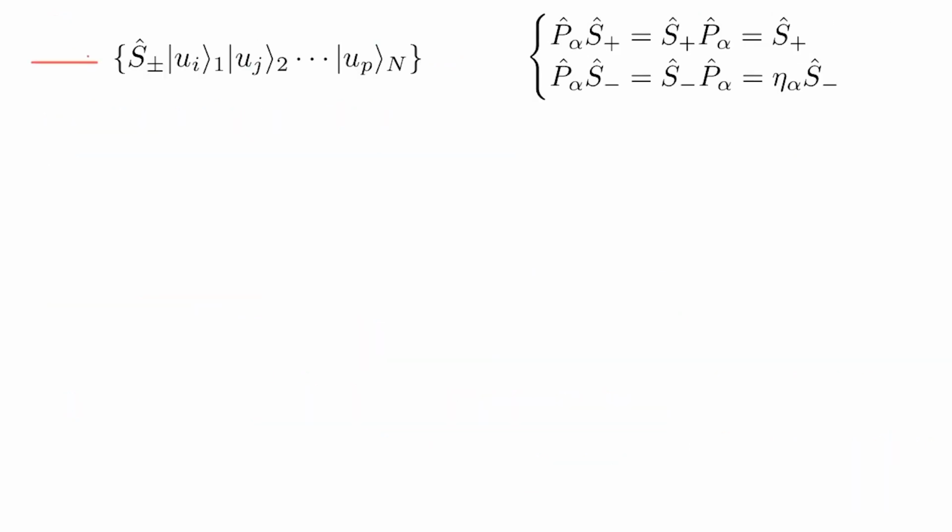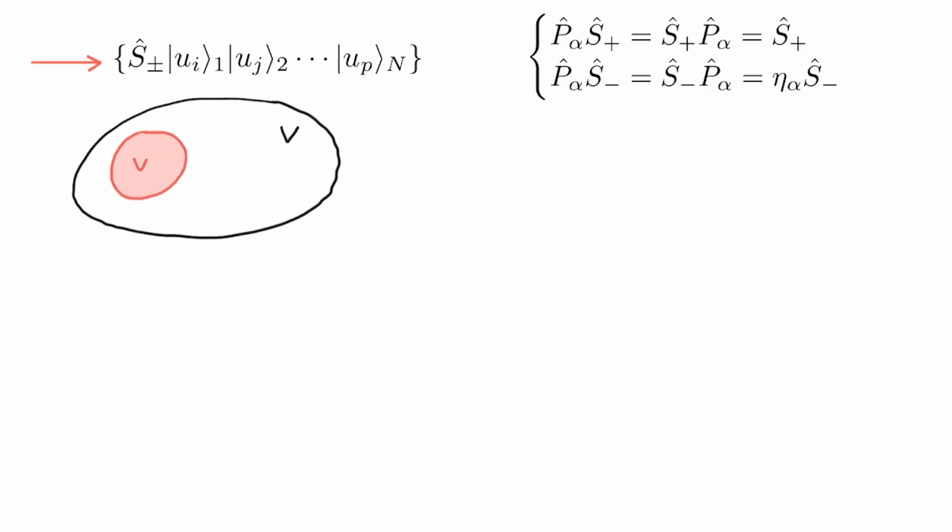As we just found, these symmetrized and antisymmetrized basis states form bases for V+ and V-. But as you may suspect, there is a lot of redundancy in these basis states. The full state space V is spanned by the tensor products of n single particle states.